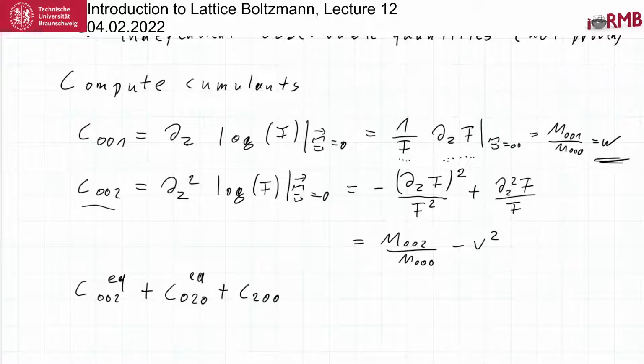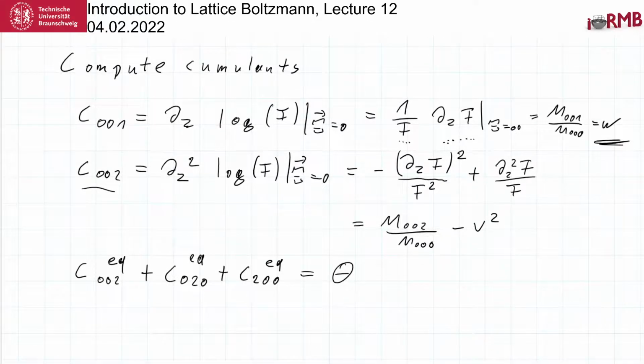This is called the trace of the second order moments, because it's the diagonal of the matrix. If you put it in matrix form, second order moments, that would be the sum of the diagonal. And if we compute this and plug in the moments, what we observe is that this just gives theta. And theta, as a reminder, is the temperature.